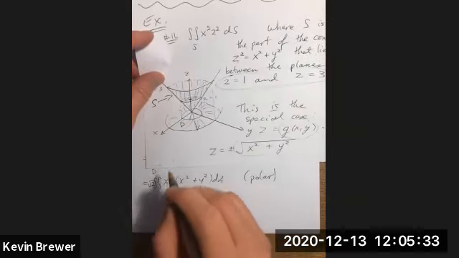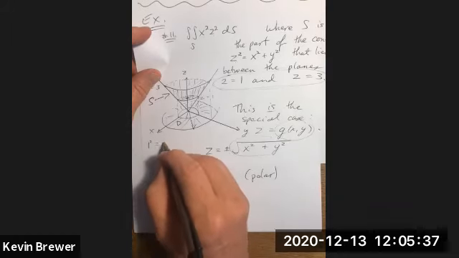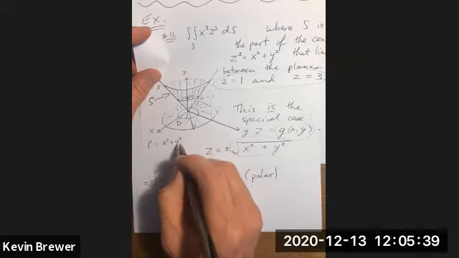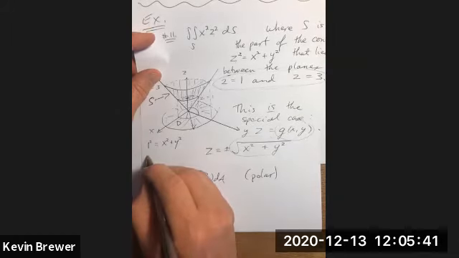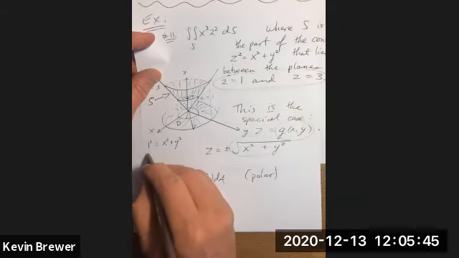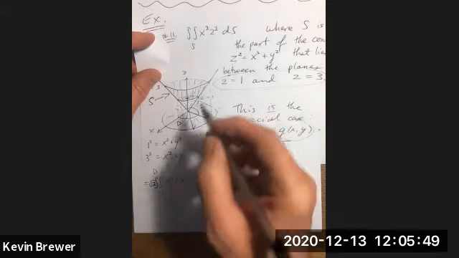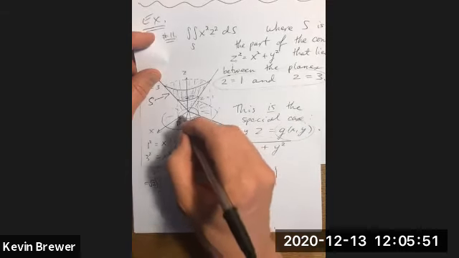Well, one of them is 1 squared equals x squared plus y squared. The other one is c equals 3. So that's 3 squared equals x squared plus y squared. So disks of radius 1 and 3.